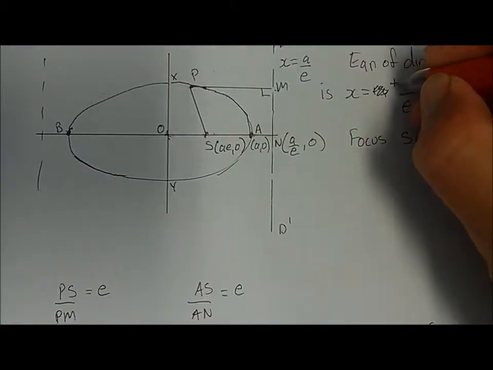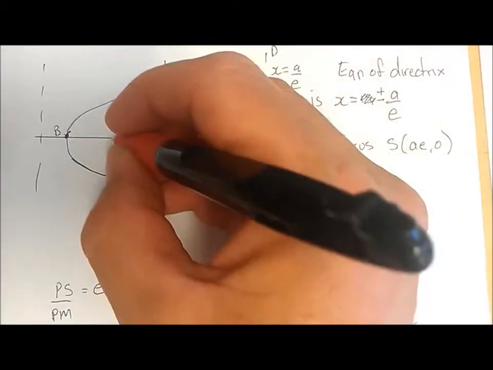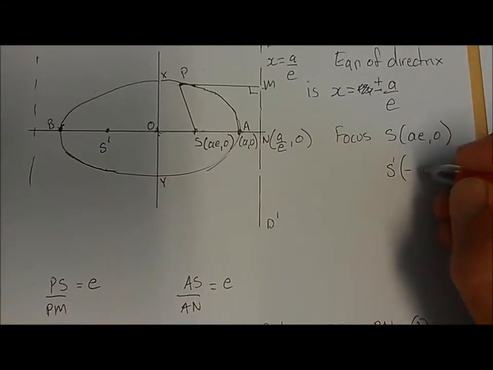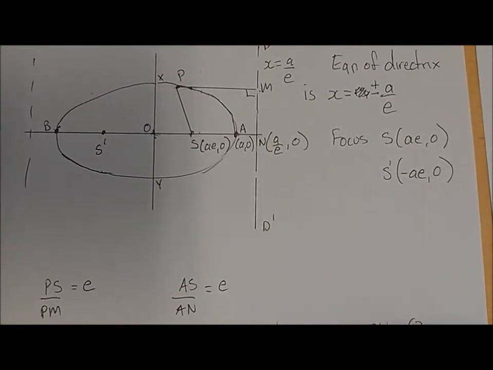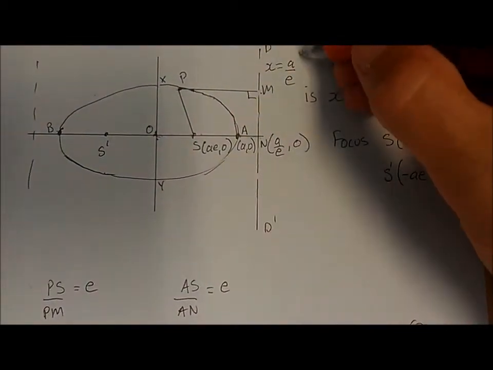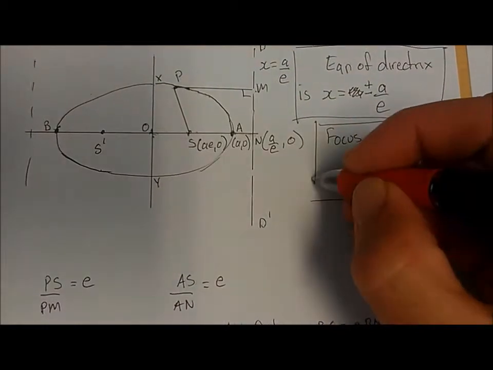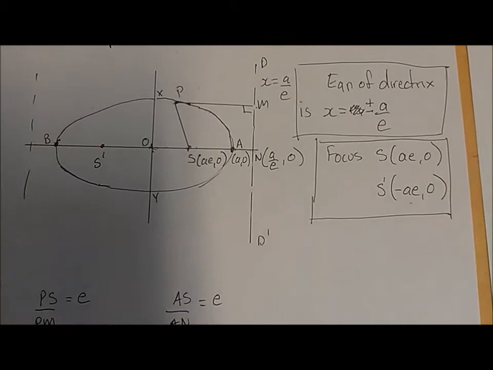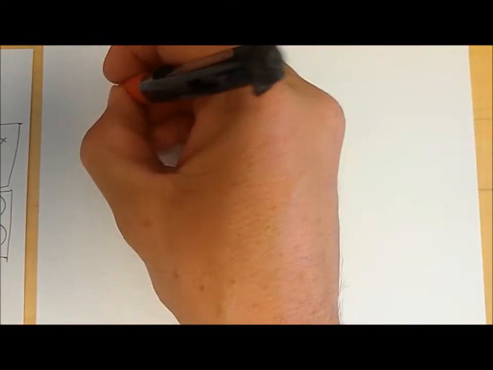So I'm going to have the directrices as plus or minus A over E. If I've got a focus here, I'm going to have another focus here, what I'll call S dash, and S dash will be negative AE, 0. So there's a couple of important points about the ellipse's equation that we need to know. Okay, so let's see if we can use them to find the equation of the ellipse.